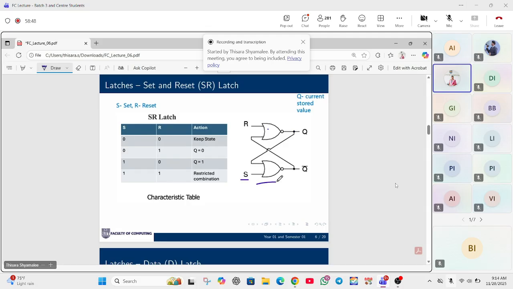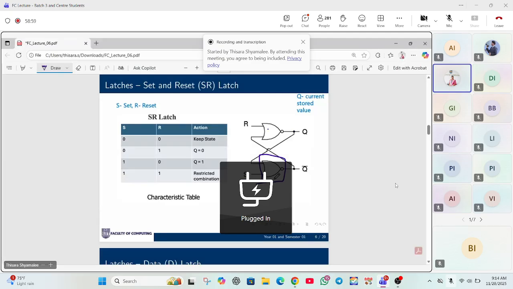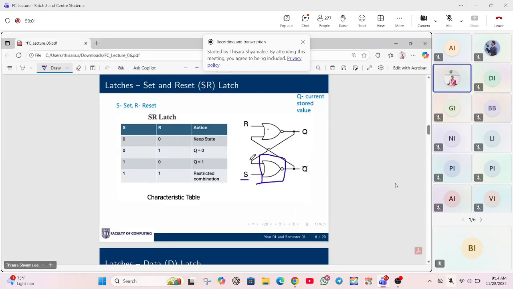When talking about this NOR gate, one input is the S, and the next input is the output of this first NOR gate.